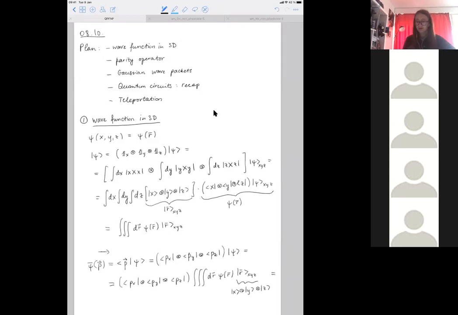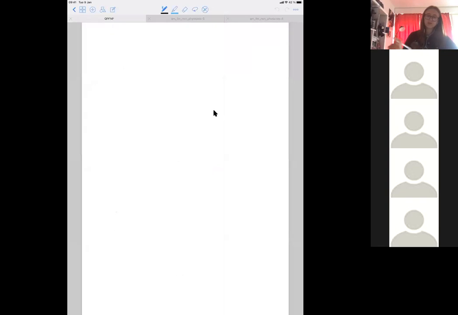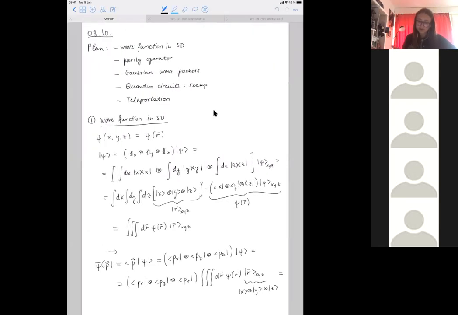Okay, and continuing to write this out, we put the corresponding bras in the tensor product to the corresponding kets in the tensor product of r.